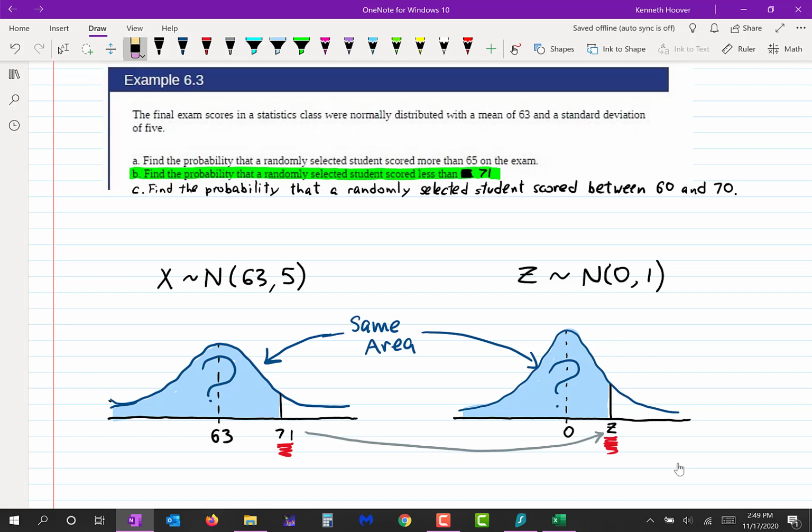Now, there's a simple formula for this, and you're going to need to know this formula. This is called a z-score. We want to find the z-score for 71. Okay? And the formula is z equals x minus mu over sigma. That's the z-score formula.